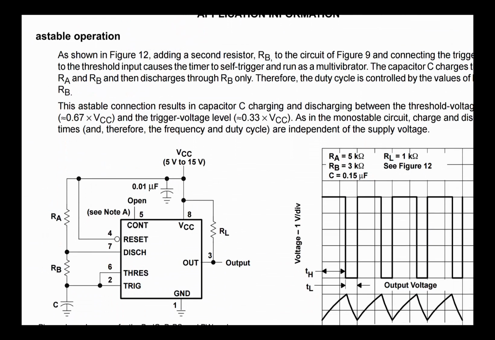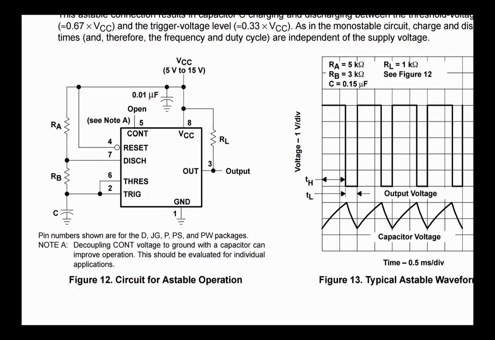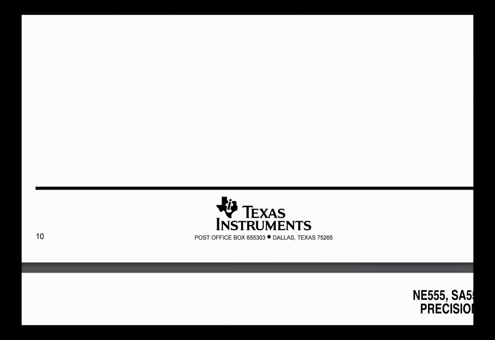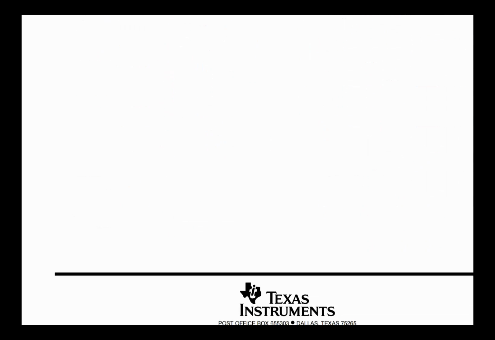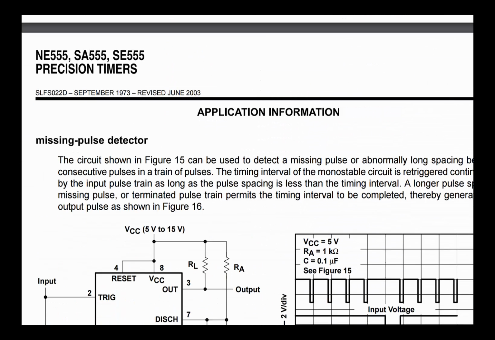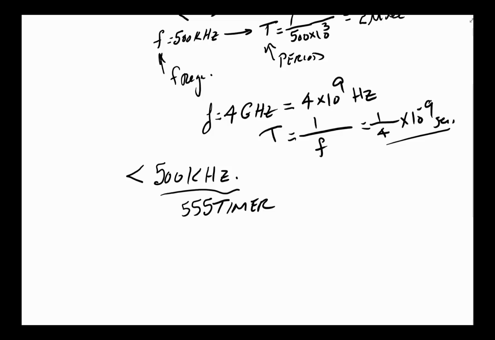Astable is more or less what we're interested in, and we're going to set it up a little later and talk about how you select components such that you have a clock, a square wave at your frequency, coming out. There are other ways you could set this up, and if you're interested, read the material in this datasheet to learn all the different ways you can set this device up. Let's go back to our board.